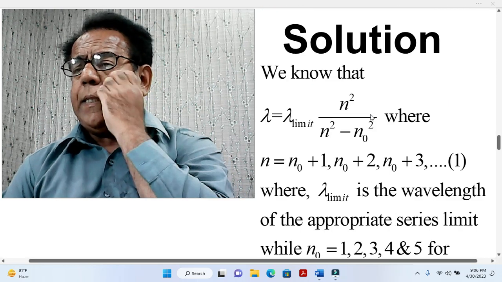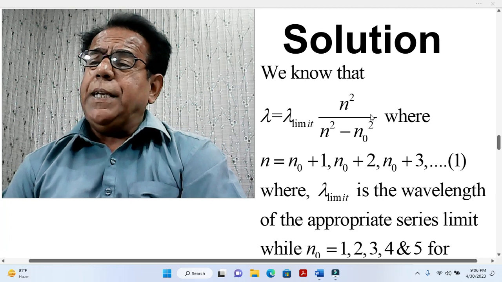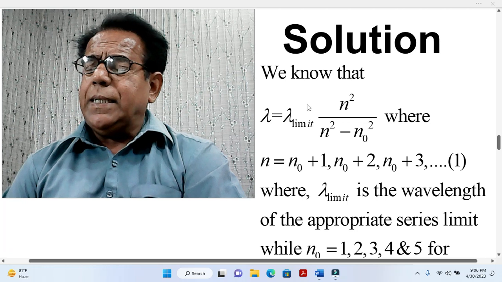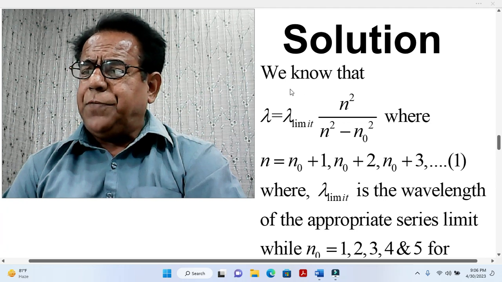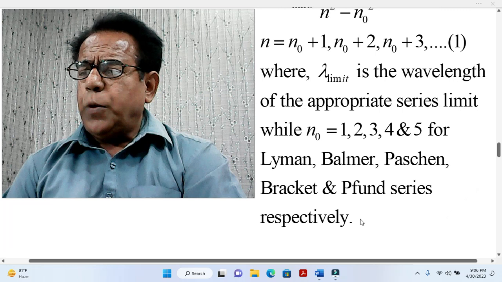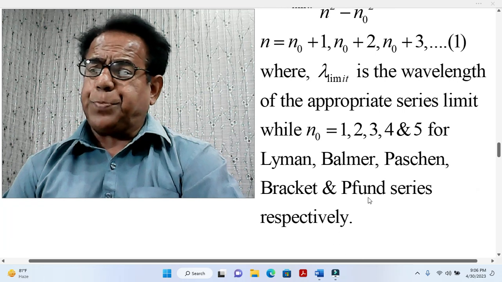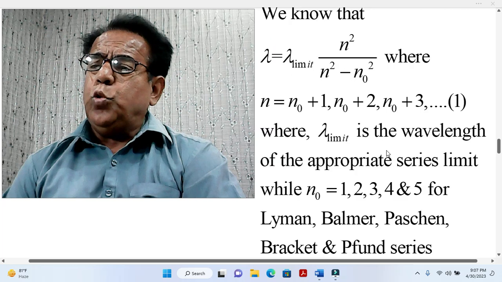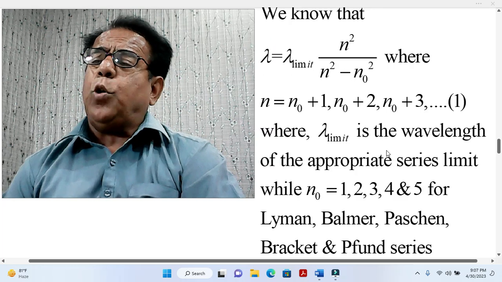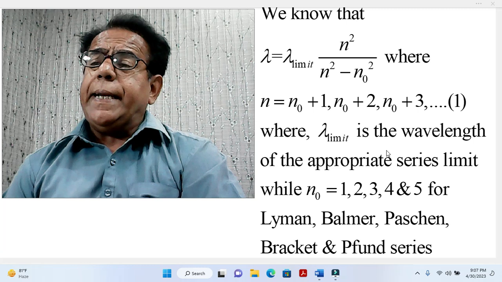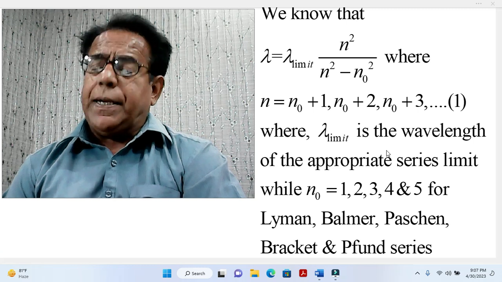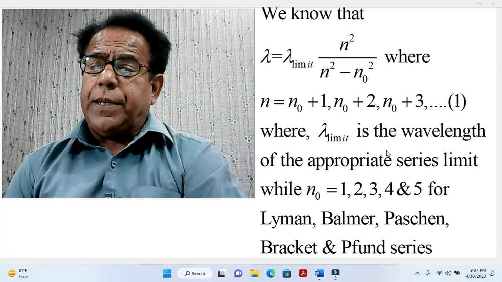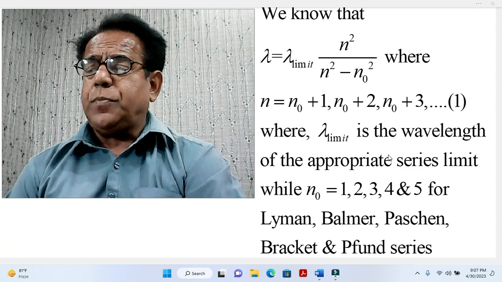This is the beginning part of our solution, and this statement, from this we know that, to respectively, includes all the philosophy contained in our tool number one, which has been presented in two different versions.